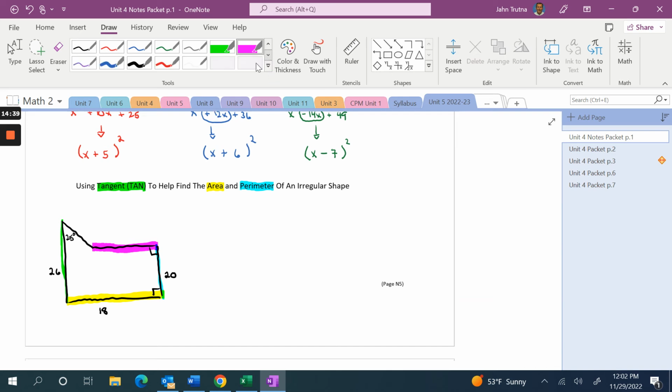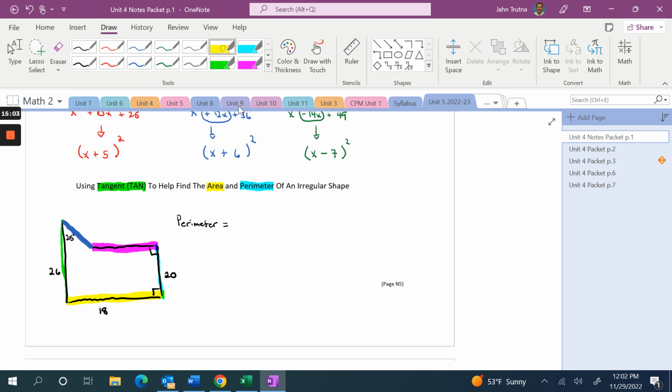I do not know that. And I also have the length of this side right here, which I'm highlighting in blue. Okay, so in order to find the perimeter, I am going to have to add all the sides together. The problem is that I do not know 2 of the 5 sides.